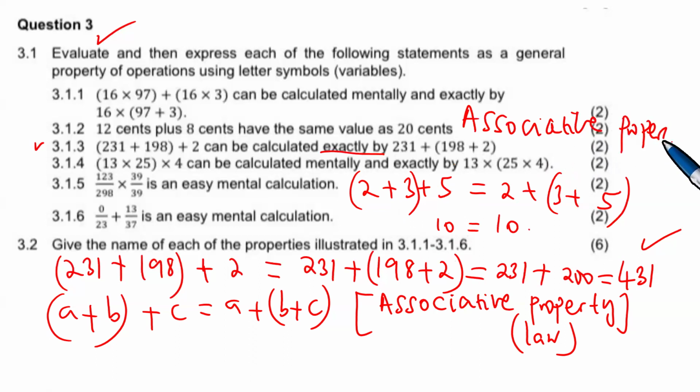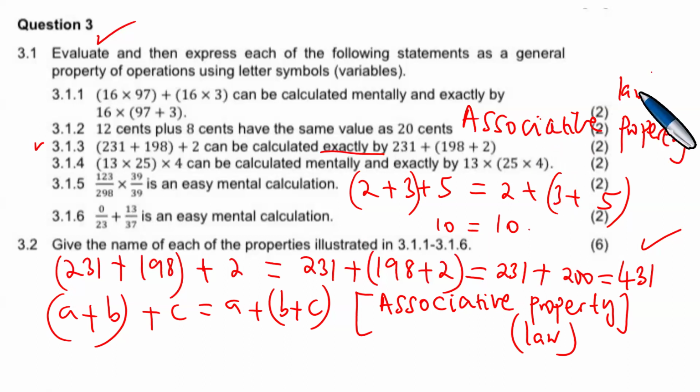So what does associative property mean? We associate 2 and 3, and then we shift the brackets, because they're around 2 and 3, and then the brackets are around 3 and 5. So we have shifted the brackets. This is called the associative property.